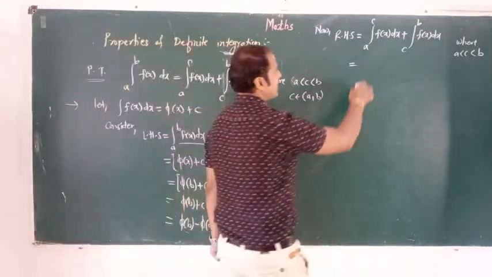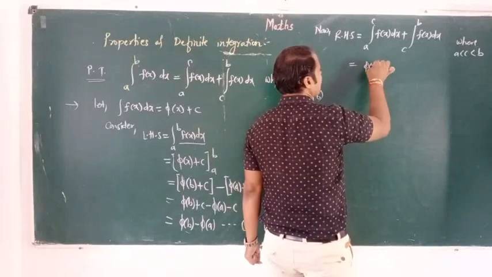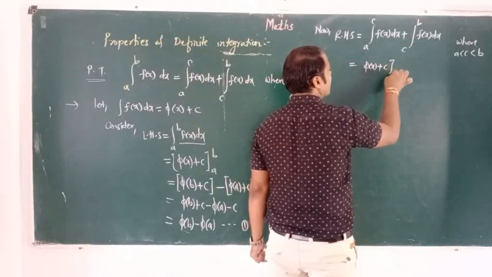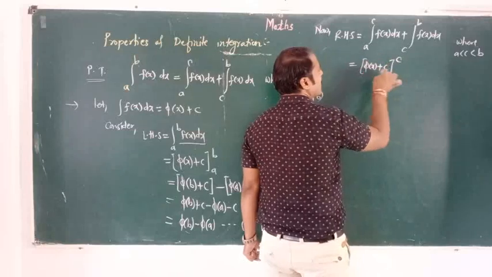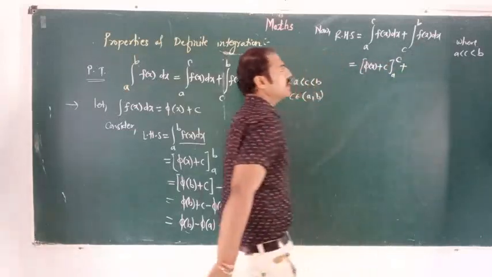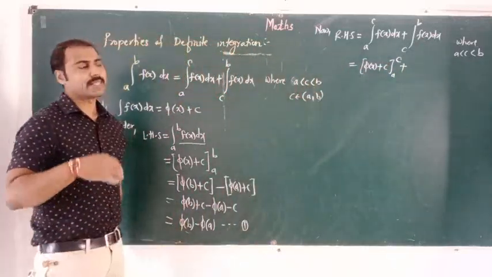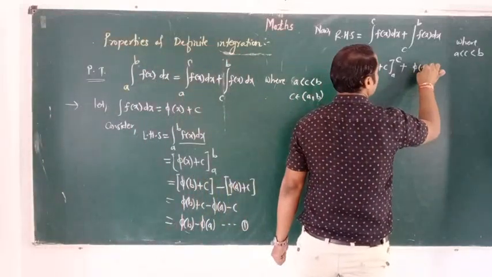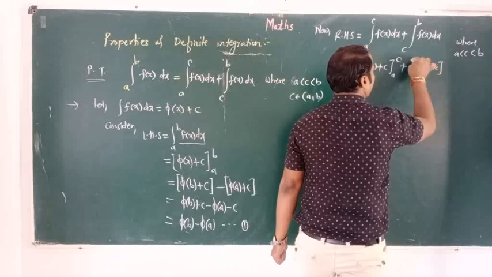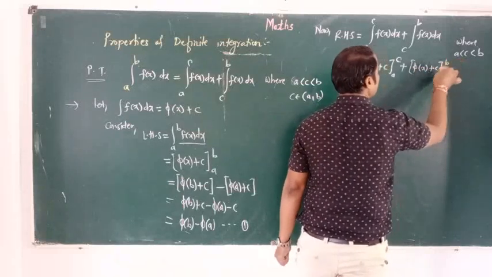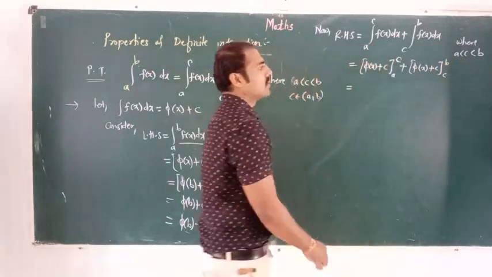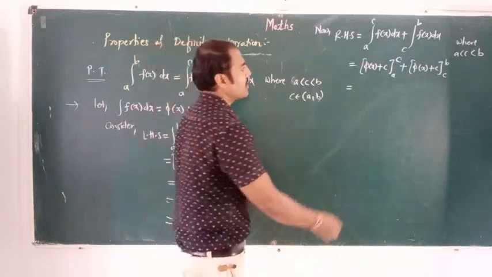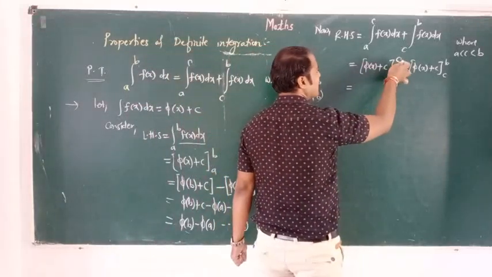So I can write here phi of x plus c, value of the primitive from a to c, plus again integral c to b f of x dx. Integration of f of x dx is phi of x plus c, value of the primitive from c to b, is equal to, after evaluation, value of the primitive at upper limit c.